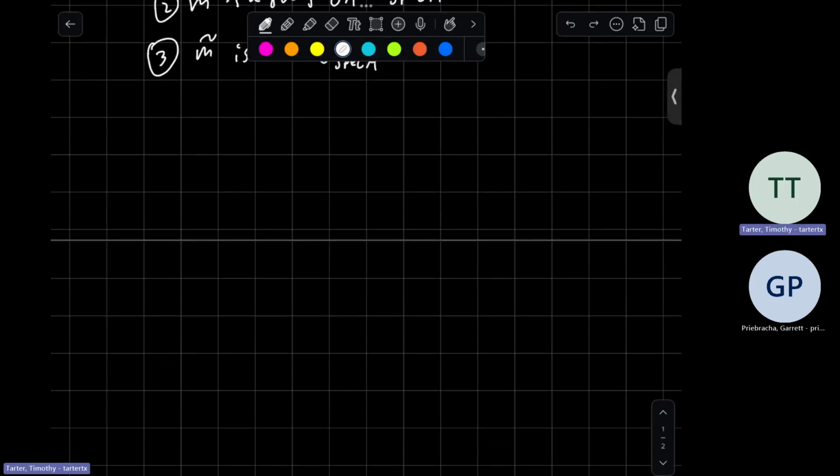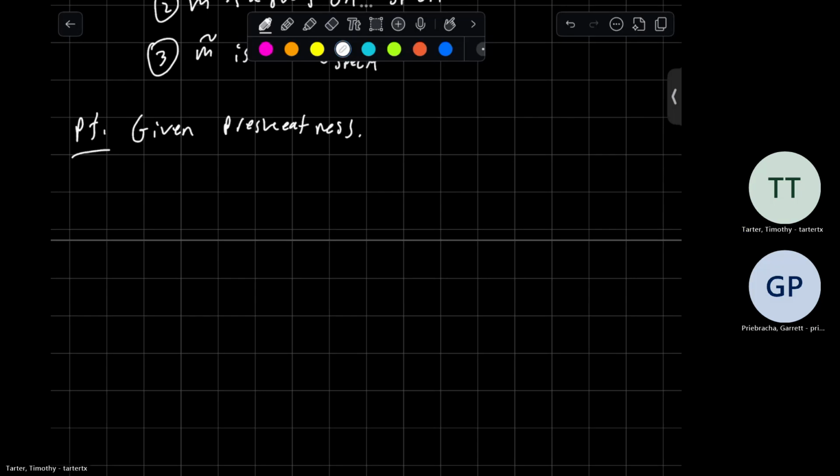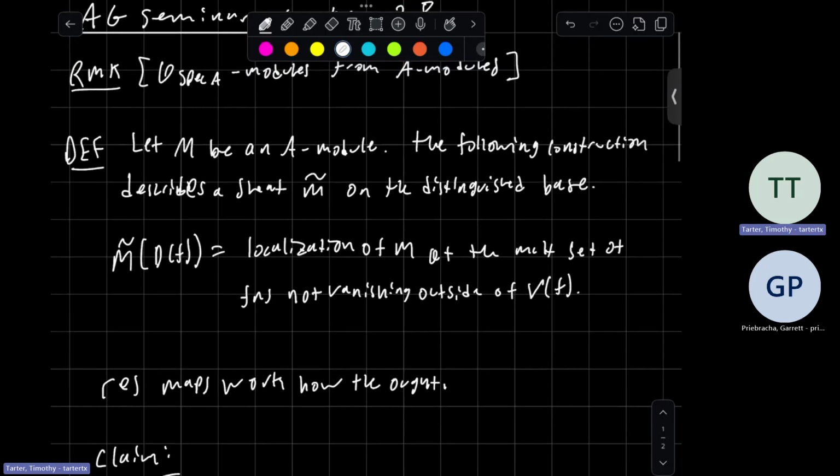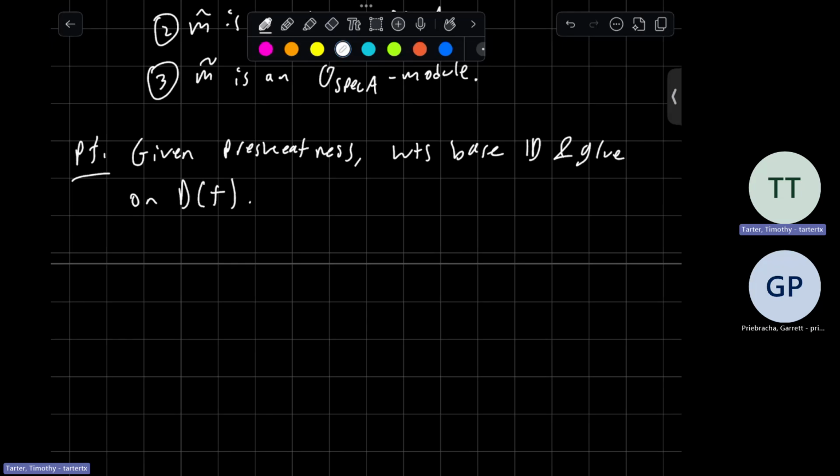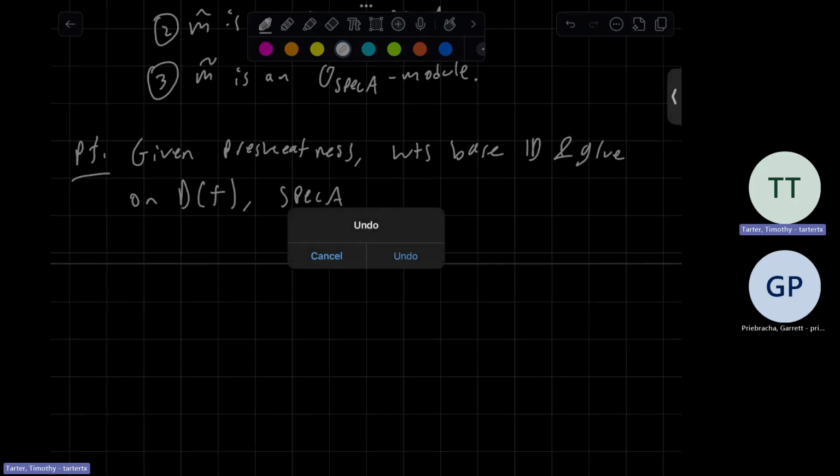Given pre-sheafness, then we want to show base identity and glueability on the distinguished opens, and then Spec A. And I think it's worth noting that if we show it just for Spec A, we do end up getting the other one.